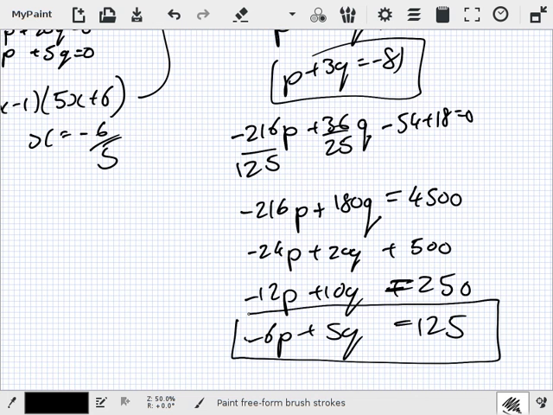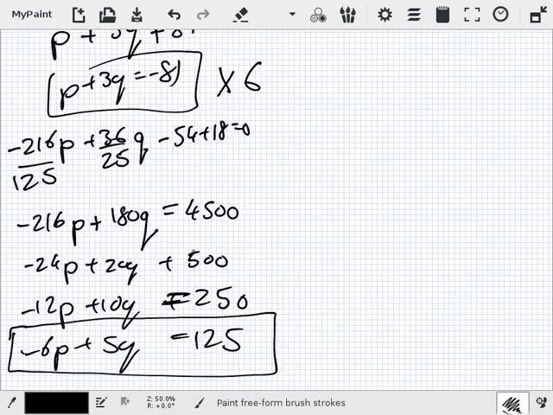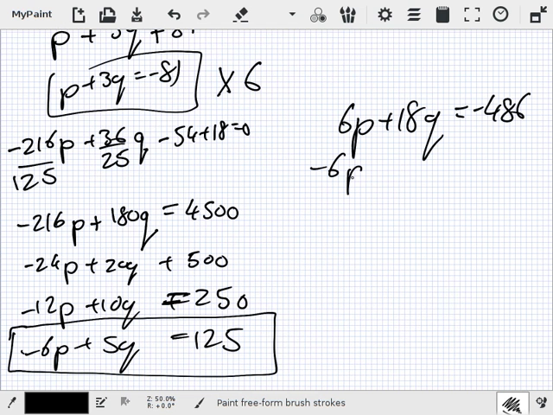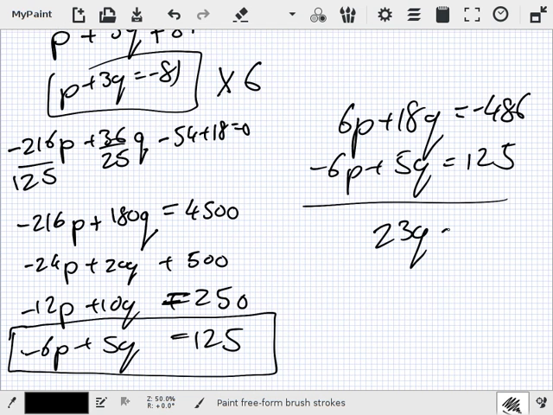Alright, multiply this one by 6. 6p plus 18q equals, what's 81 times 6? 486. Minus 486. Minus 6p plus 5q equals 125. 23q equals minus 361.